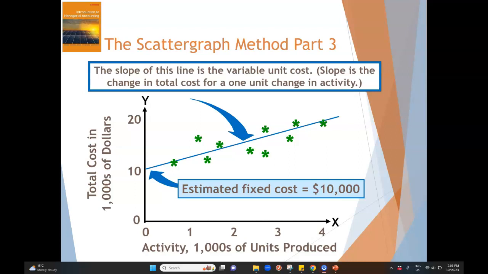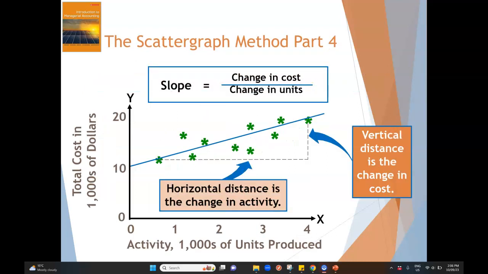Slope is the change in total cost for a 1 unit change in activity. Estimated fixed cost equals 10,000. Part 4. Slope equals change in cost divided by change in units. Vertical distance is the change in cost. Horizontal distance is the change in activity.